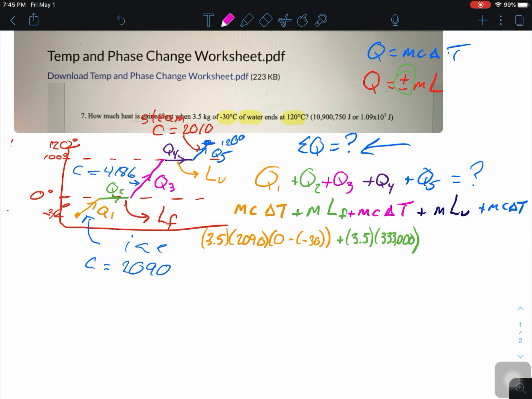Then we move to the liquid water. This is liquid water. That's Q3. So it's going to be 3.5 times 4186 times my final temperature. Now remember, Q3 stops at 100 and it started at 0. So it's 100 minus 0. That's my delta T. That's my Q3. And I'm just going to go over here for my Q4. It's 3.5 mass times the latent heat of vaporization, which when we look that up on our table is 2,260,000.